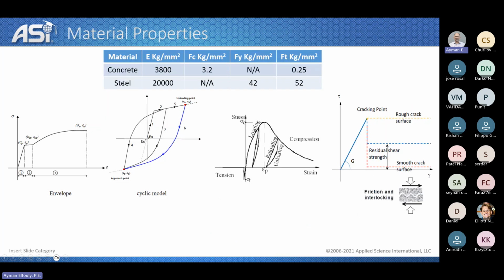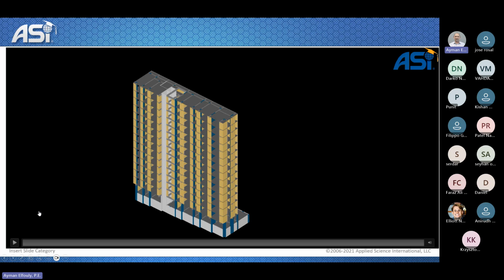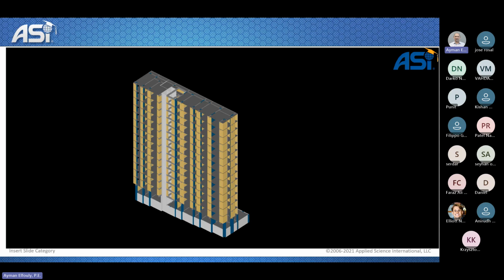These are the material properties. This is the concrete material property, the steel material property, and these are the material models that we used inside. Before we move to the actual ELS model, I'm going to show you a video of how this building collapsed.